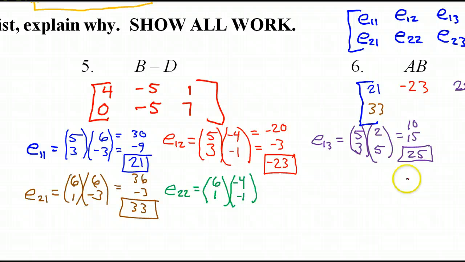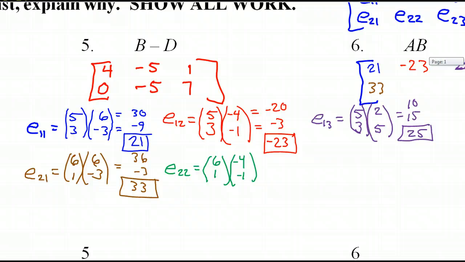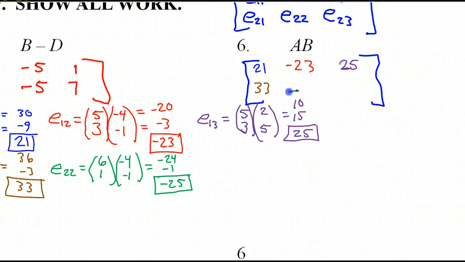I'm sort of copying off of other parts, but row 2, column 2. So 6, 1, negative 4, negative 1. Okay, so that's going to make negative 24 and negative 1. So that is negative 25. So that is the next element, negative 25.